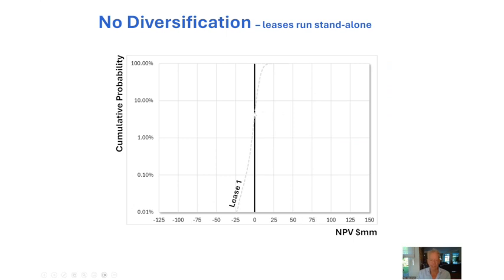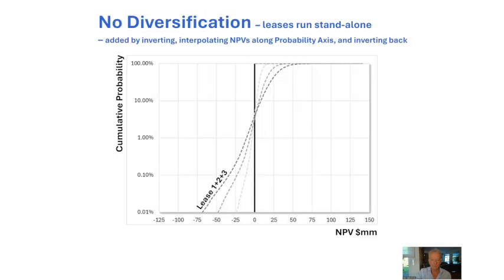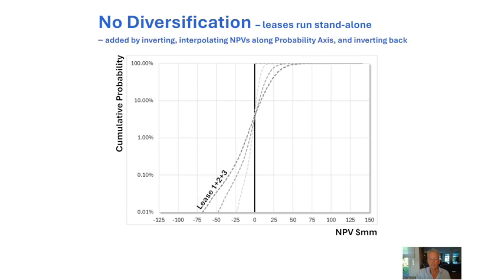And you can see here the loss tail, the loss probability, etc. Now I add lease 2, but I'm scrolling in the wrong direction. I add lease 2 now, but I just aggregate the cumulative probability diagram as if each deal was run on an individual basis without regard for portfolio effects. And then lease 3, and lease 4.